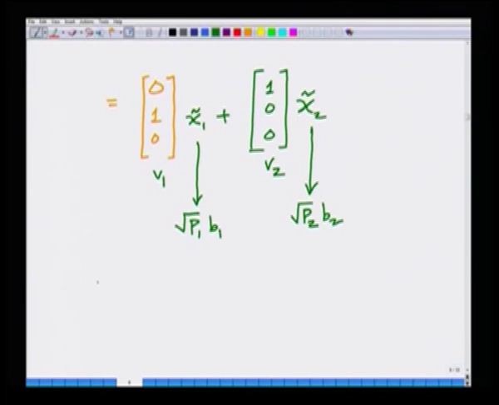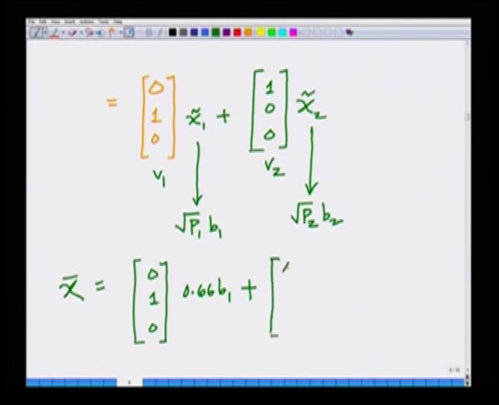Computing P 1 and P 2 as before, this is nothing but 0 1 0 times 0.66 B 1 plus 1 0 0 times 0.56 into B 2.